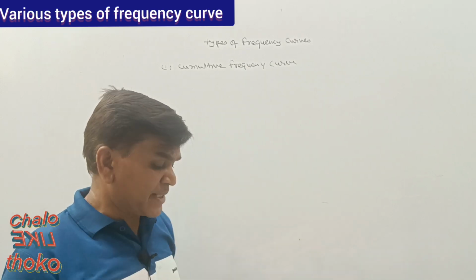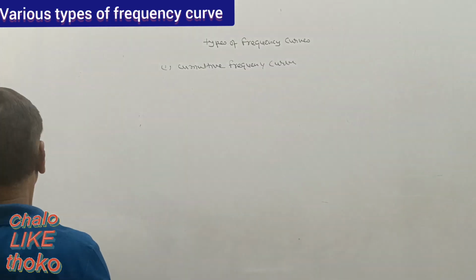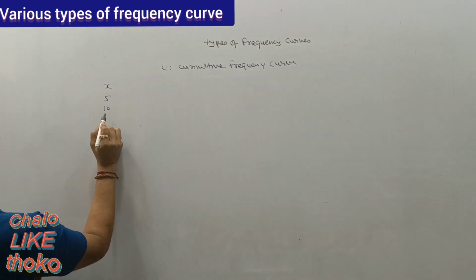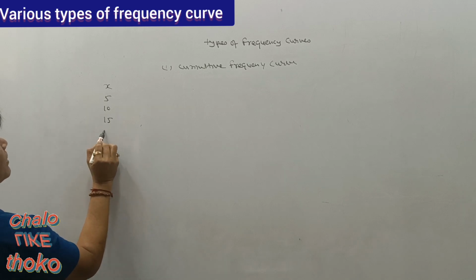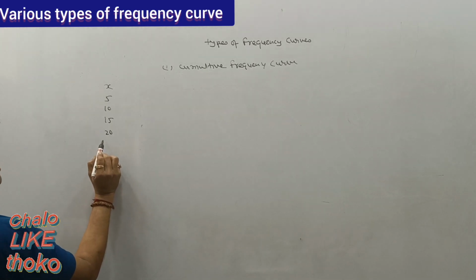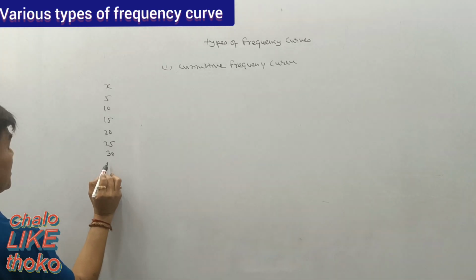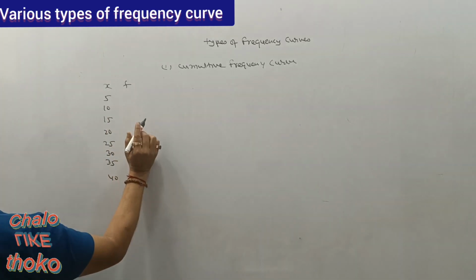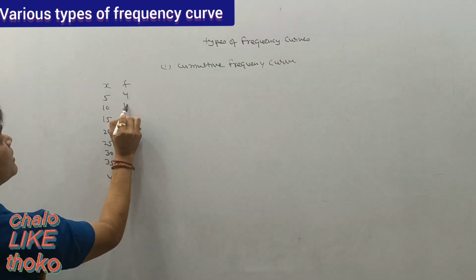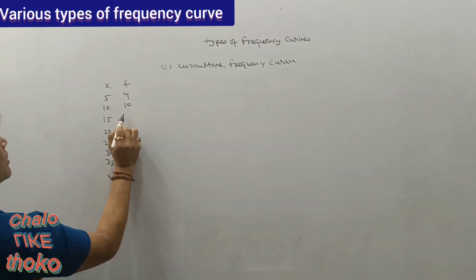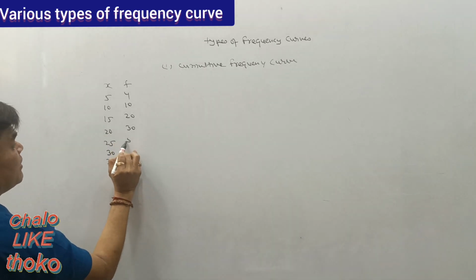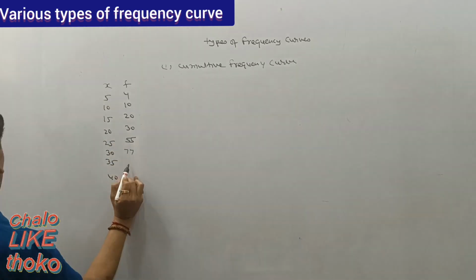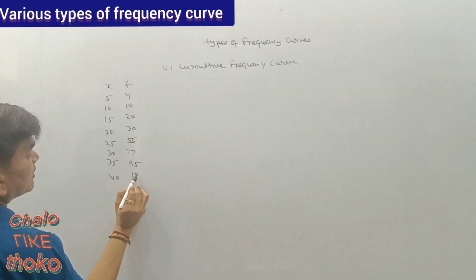So I have an example for the cumulative frequency curve. Class X is given as 5, 10, 15, 20, 25, 30, 35, 40. The cumulative frequency is given as 4, 10, 20, 30, 55, 77, 95 and 100.